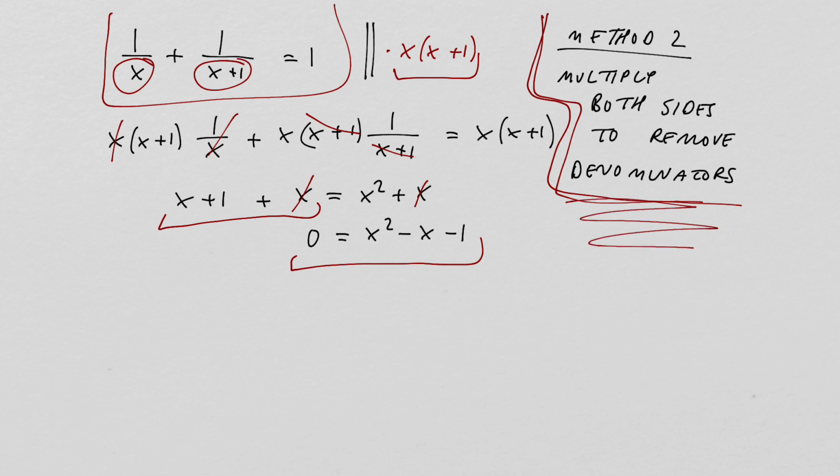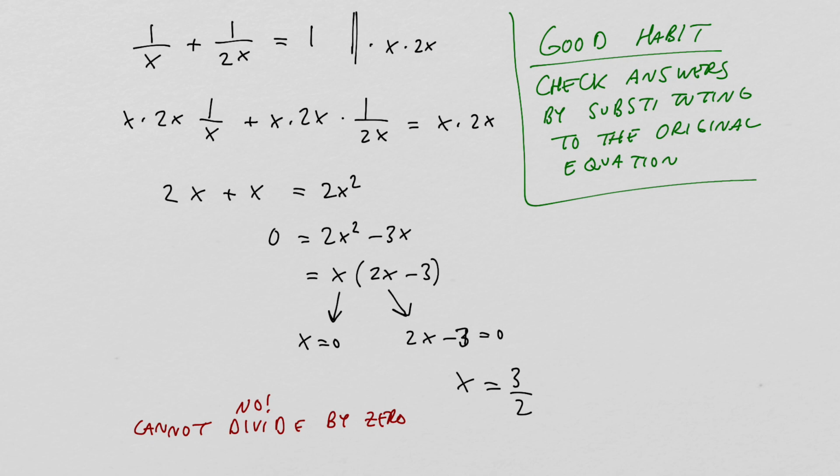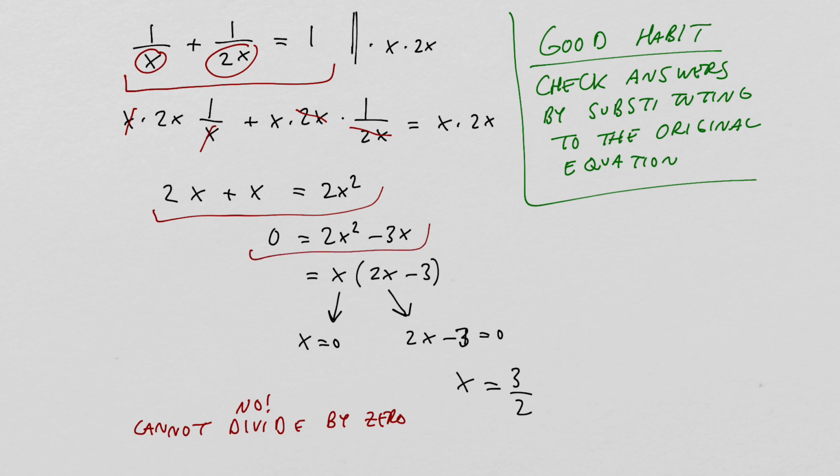The second method has a danger related. For example, if we had this equation and we would see the denominators x and 2x and we would multiply with both of these, then x's would cancel out and 2x would cancel out, and we would again get a second degree equation. Well, in this case, the second degree equation, we can solve it by taking x as a common factor in the front.